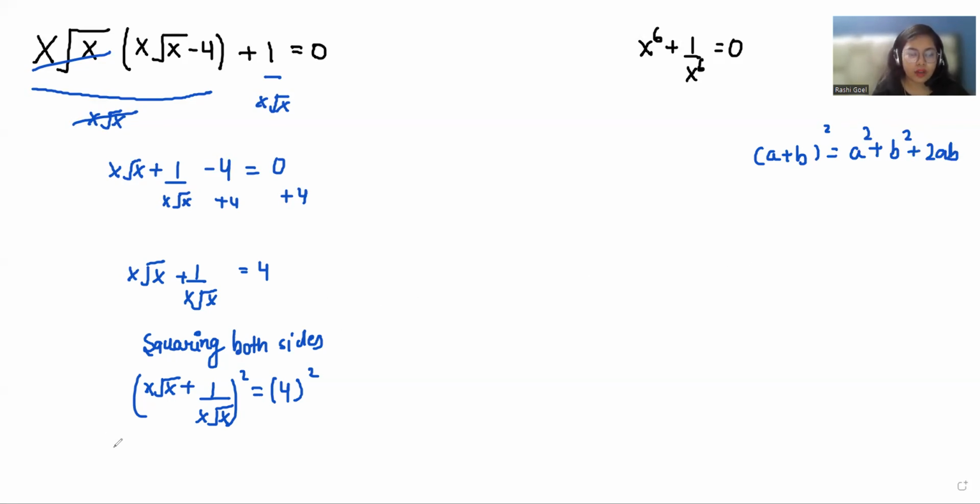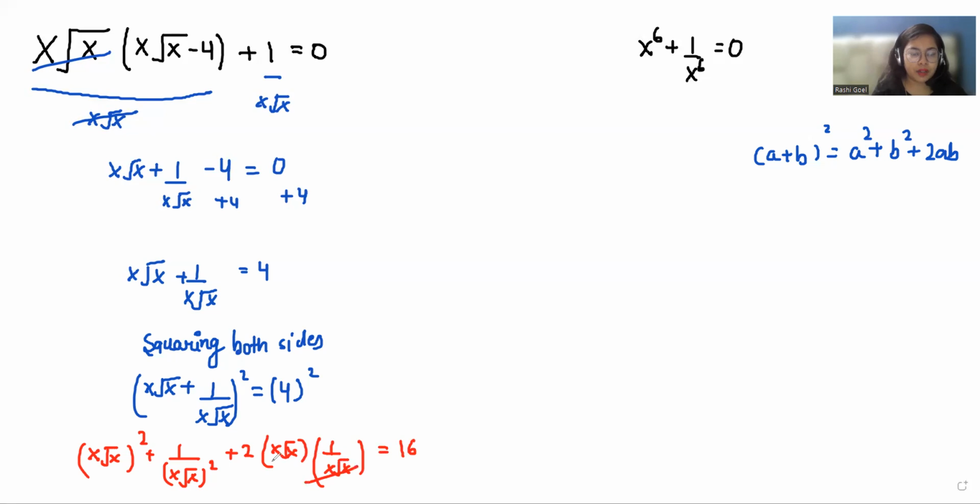So we can write it as x square root of x whole square plus 1 over x square root of x whole square plus 2 times of a, that is x root x, times of b, that is 1 over x root x, equals 16.